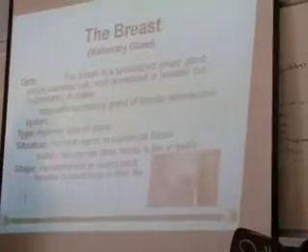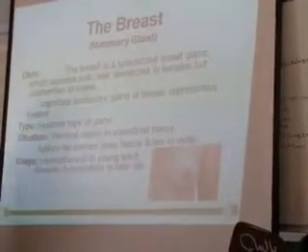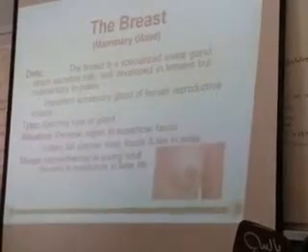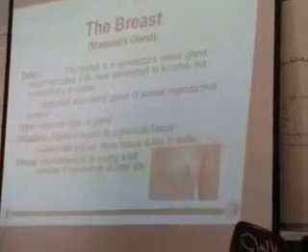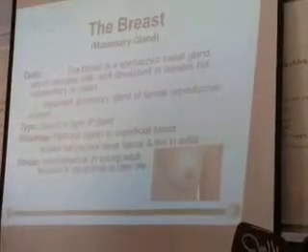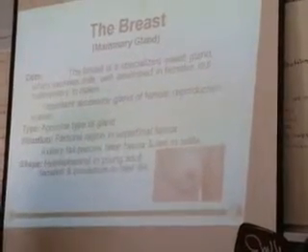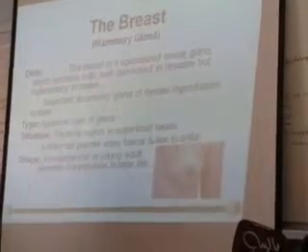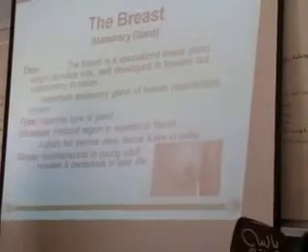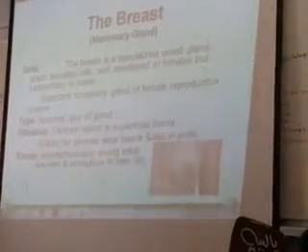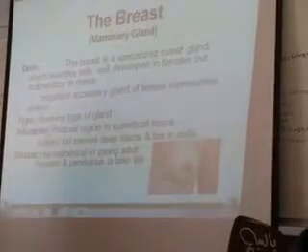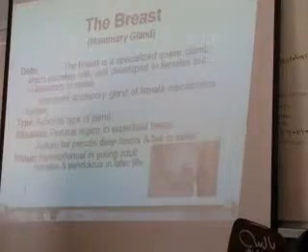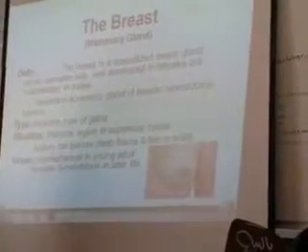It is a gland of the apocrine type. What do you mean by apocrine? There are different types of glands. Some glands will just release the secretion.